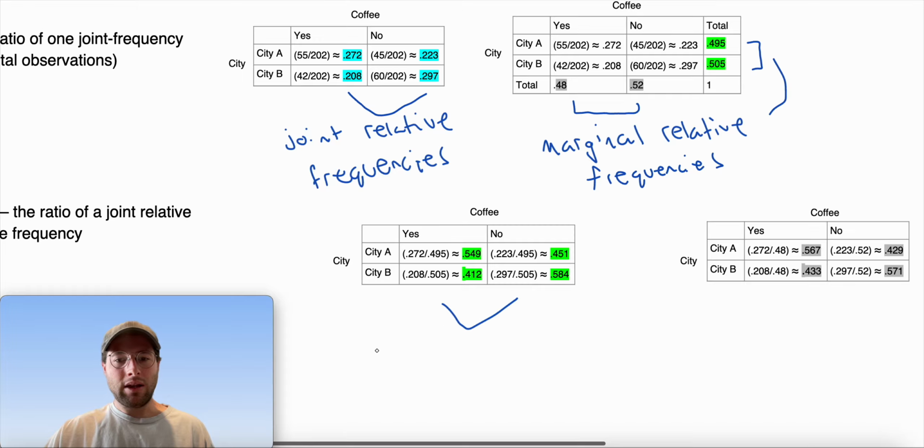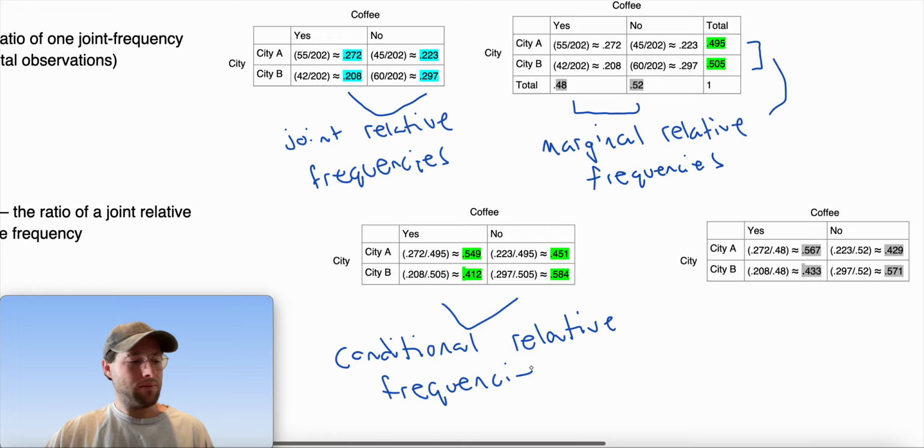I'll go ahead and write that, conditional relative frequencies, by taking the ratio of one of the joint relative frequencies to the marginal relative frequency found in this column right here.